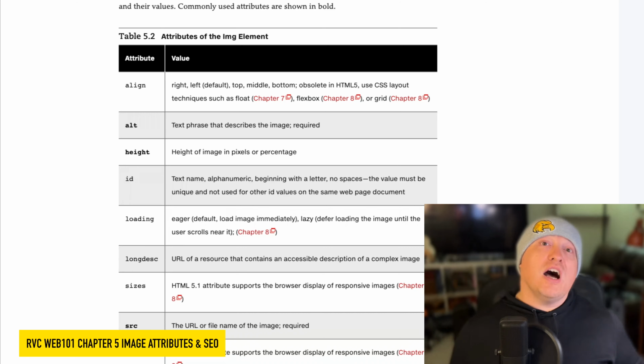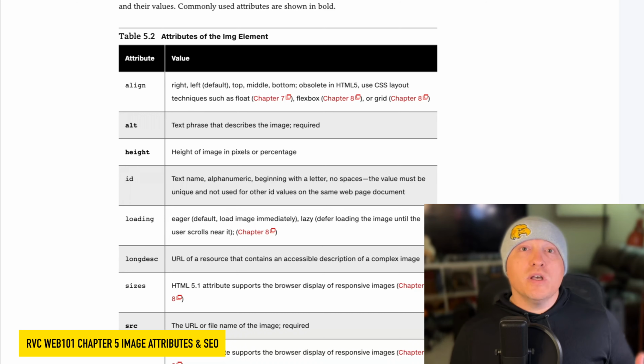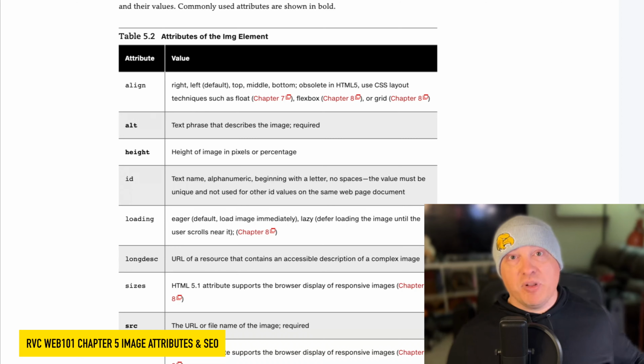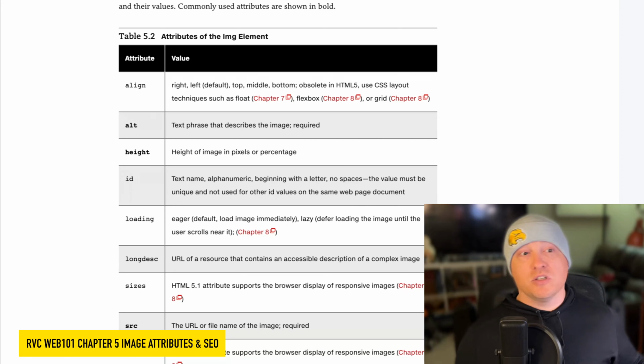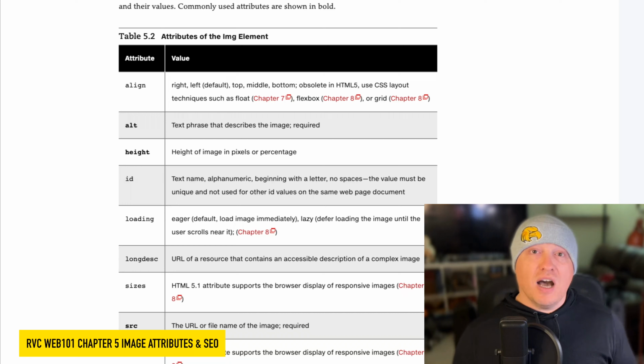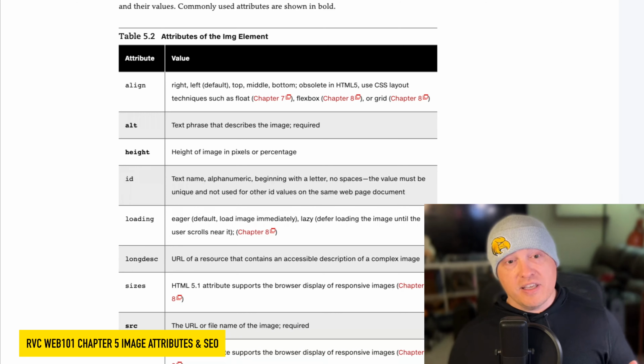So for the class, we will be including the alternate text for our image descriptions, but I will tell you on every platform, everywhere moving forward, you will always include alternate image descriptions and or the long description attributes, because number one, it's the right thing to do.